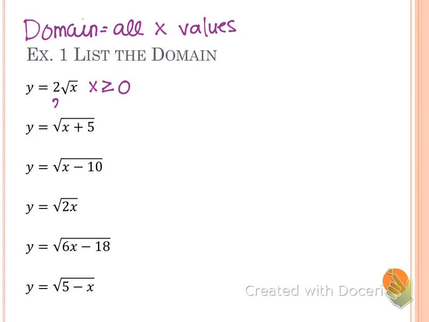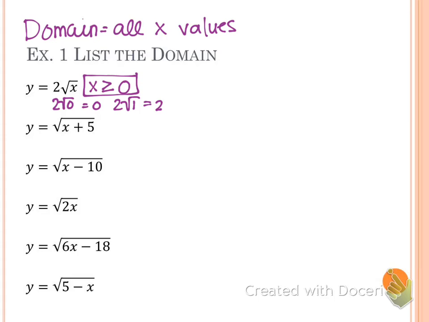So if you look right here, I can plug this in. 2 times the square root of 0 is 0, okay? 2 times the square root of 1 is 2. All right, I can keep going. As long as my numbers are larger than 0, then I know that that's what that is. So as long as what's underneath the radical is 0 or bigger, then that is going to be my domain, okay?